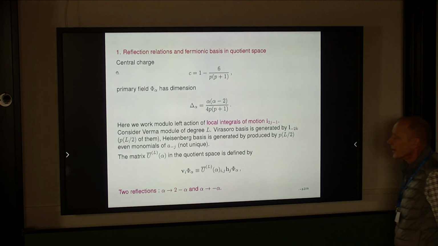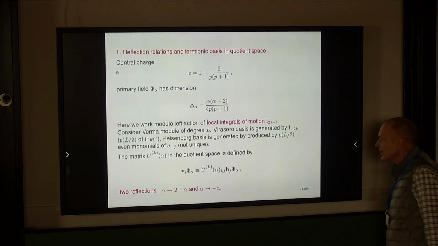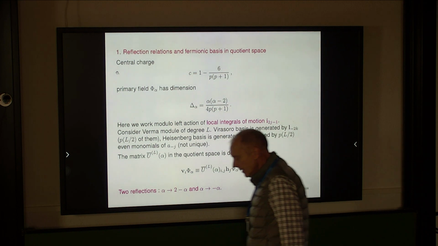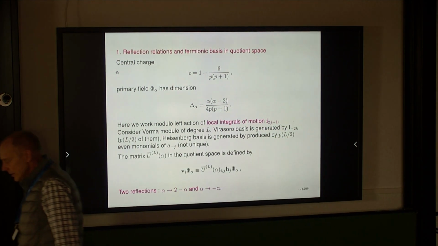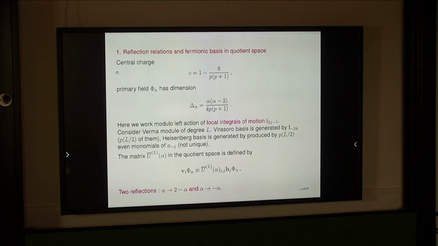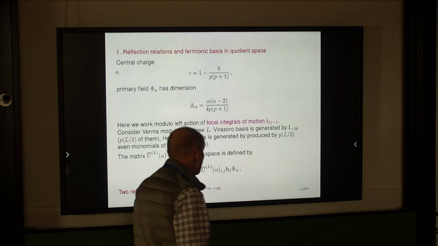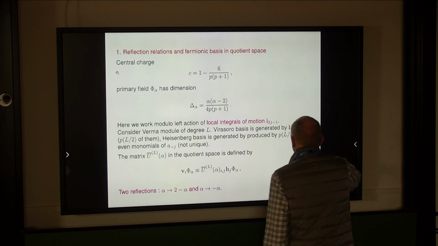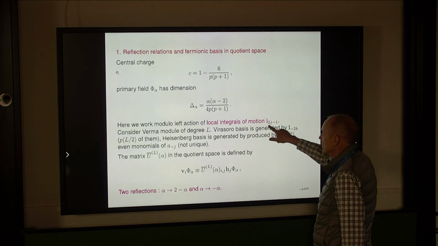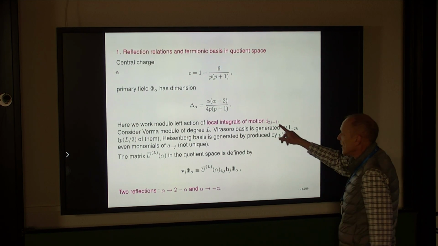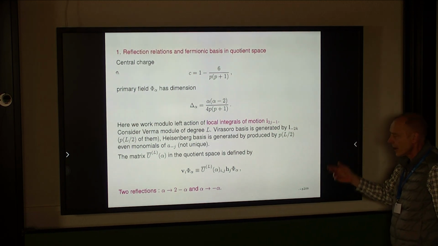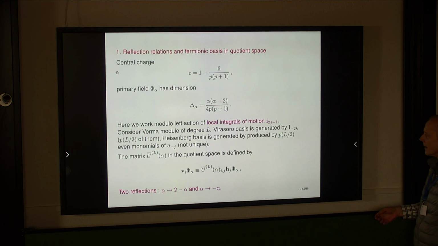For the moment, to begin with, we will work with a space which is a quotient of the Verma module by the action of local integrals of motion. This is some commutative subalgebra.